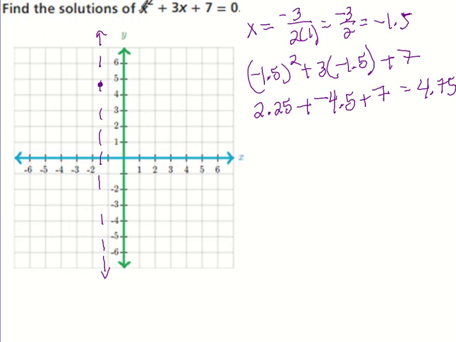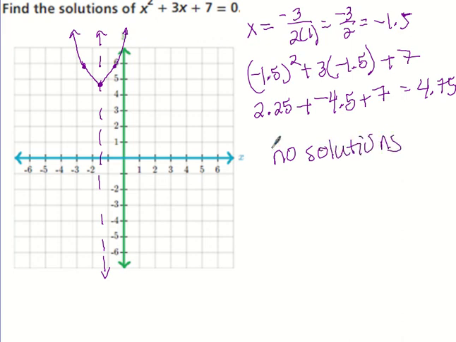My a is only 1, so if I go 1, 1, and, oh, that's not even 1. Here we go. Let me fix that. I didn't go up enough. Okay, 1, 1, and then 1, 1. There's my graph. If you notice, because it's a positive, it's not going to cross my x-axis. There are no x-intercepts, so we would say no solution.